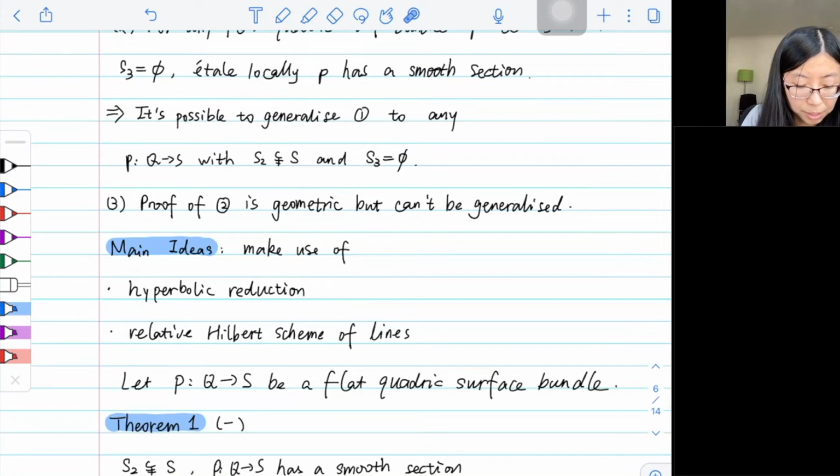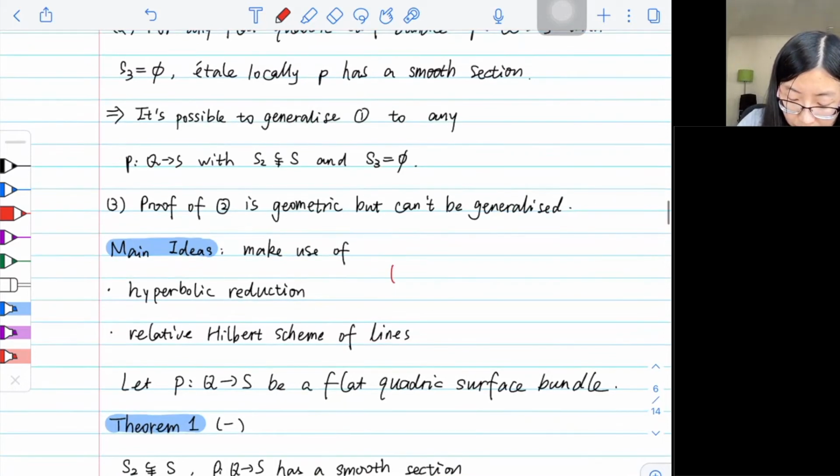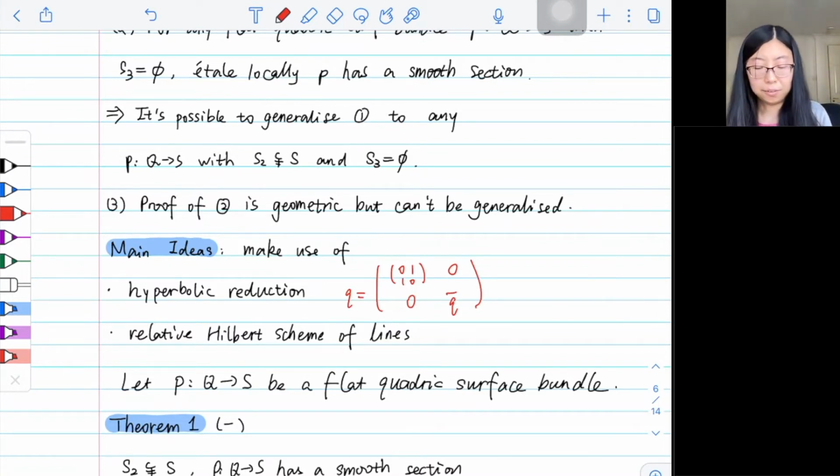Vaguely speaking, when you have a smooth section, it means that the associated symmetric matrix for the quadratic form will have the form of a direct sum of two parts, where one part is given by this hyperbolic matrix, and then you have a remaining part.